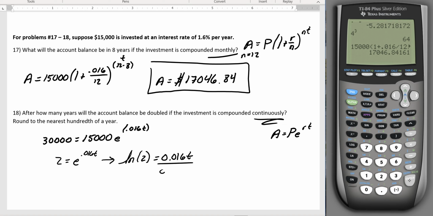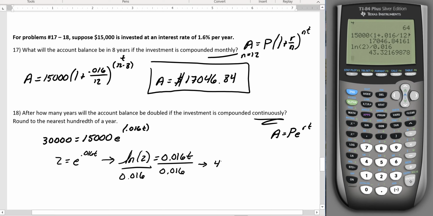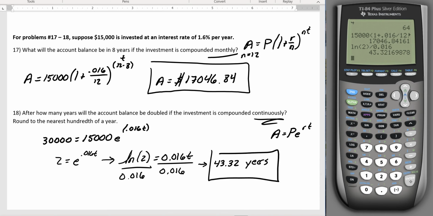So divide by 0.016, divide by 0.016. And I find that the natural log of 2 divided by 0.016 equals 43.32. So it'll take 43.32 years for that amount to double, rounded to the nearest hundredth of a year.